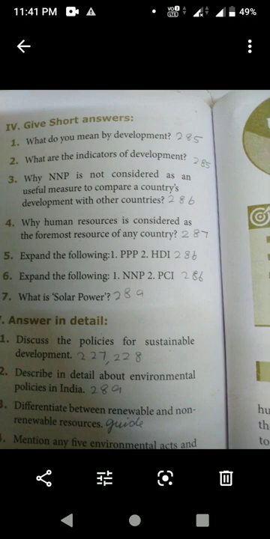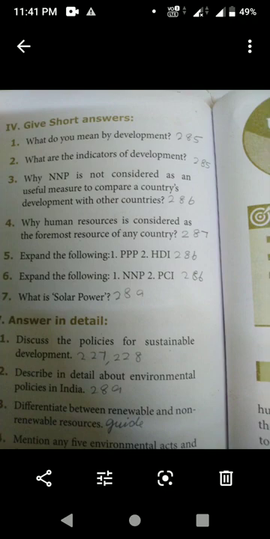Solar power is the conversion of energy from sunlight into electricity, either directly using photovoltaic cells or indirectly using concentrated solar power. Solar panels absorb the sunlight as a source of energy to generate electricity. That's all. Okay, that is the seventh question answer.